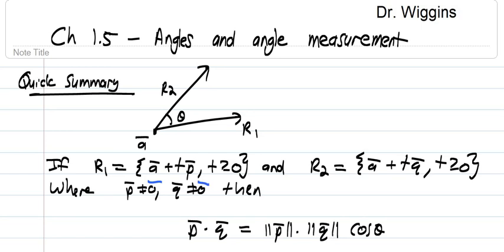Then we say that P dot Q is equal to the norm of P times the norm of Q times cos theta, where theta is the angle between the two rays. So we learned that we can define angles in not just 2D, but in any dimension, though we'll mostly be playing with 3D.